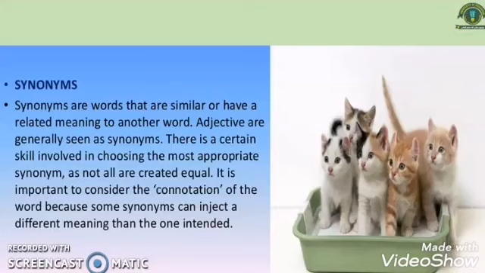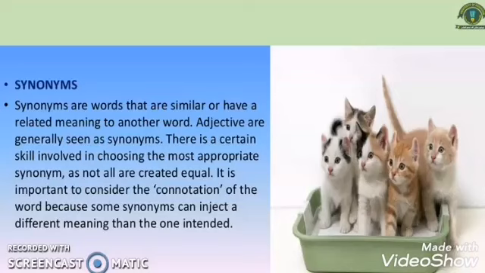Now the most common point is synonyms, the synonyms of the words given in the text. Sometimes we observe that some words are repeating again and again.